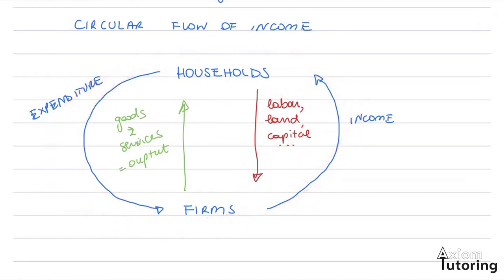We also have to recall that there are some injections and withdrawals in this circular flow of income model. So we know that there are some injections that are defined as some external factors coming in that are not entirely determined within this circular flow of income. And specifically, they are coming from outside, such as exports, such as government expenditures or purchases, such as investment itself.